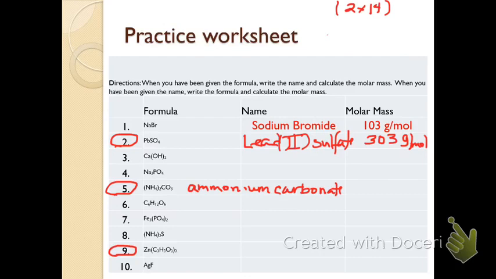For hydrogen, the molar mass rounds to 1, and there's a total of 8 hydrogens, so that's 8 times 1. The carbon has a molar mass that rounds to 12. And the oxygen has a molar mass that rounds to 16, but there are 3, so that is 3 times 16.